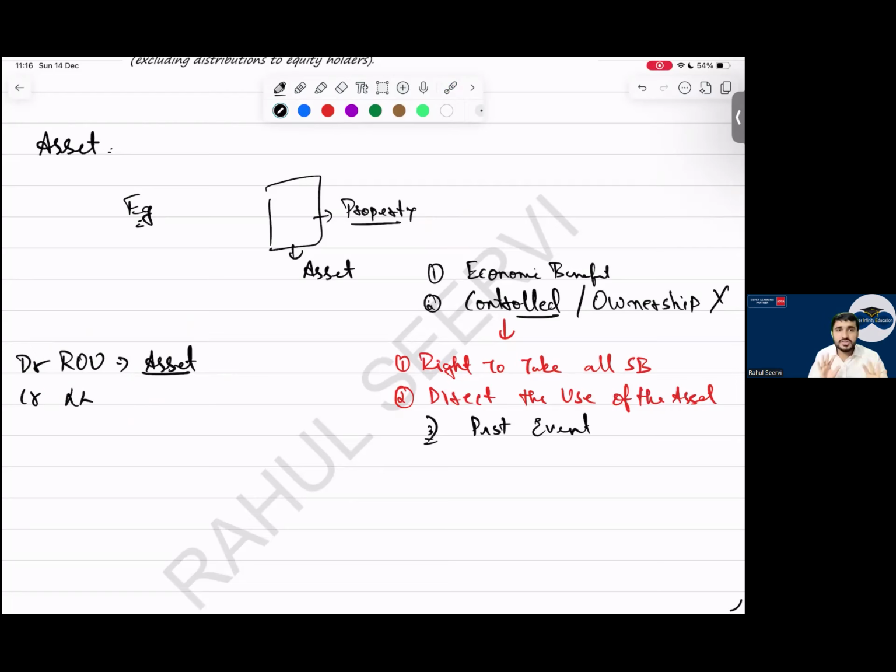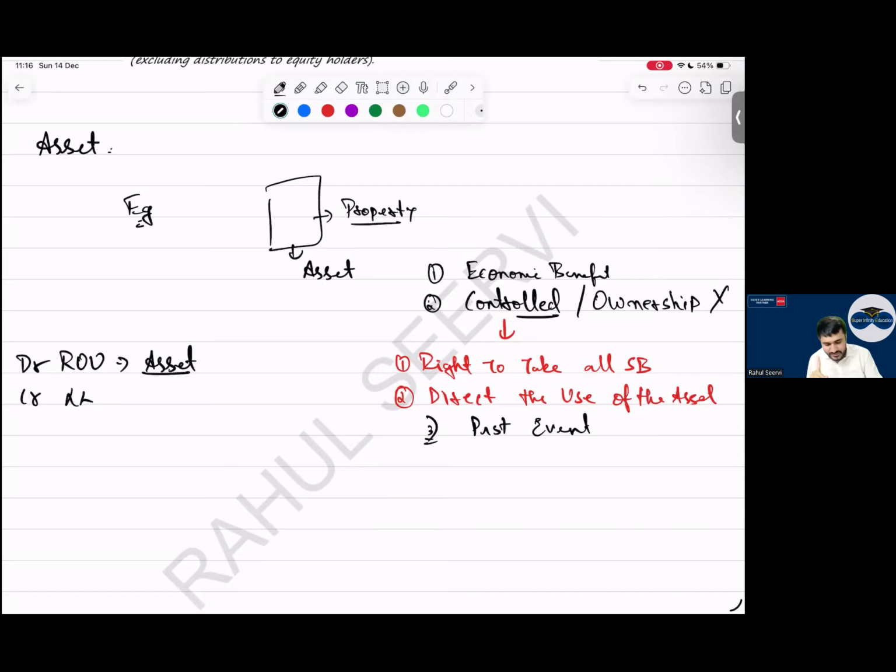Basically, control means you can take the benefit. If you have taken that asset on lease for 10 years, for the 10 years you are taking the benefit from me, right? You can use the asset however you want, whenever you want, etc. In detail, we will go when we come to IFRS 16. But did you understand the basic? Yes, sir.